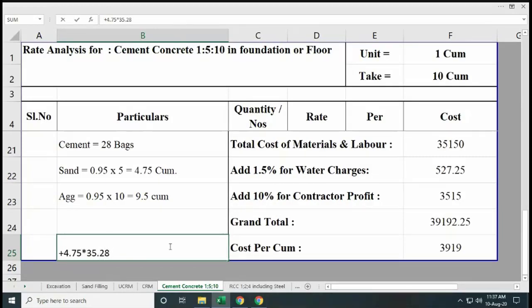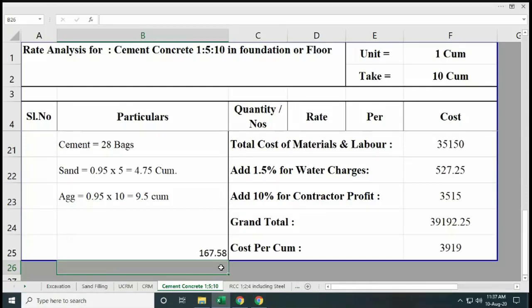I have converted cubic meters to cubic feet. So it is 167.58 cubic feet, CFT. This you divide by 100 to convert it into brass, since 100 cubic feet is equal to 1 brass. Therefore 1.67 brass of sand is required.